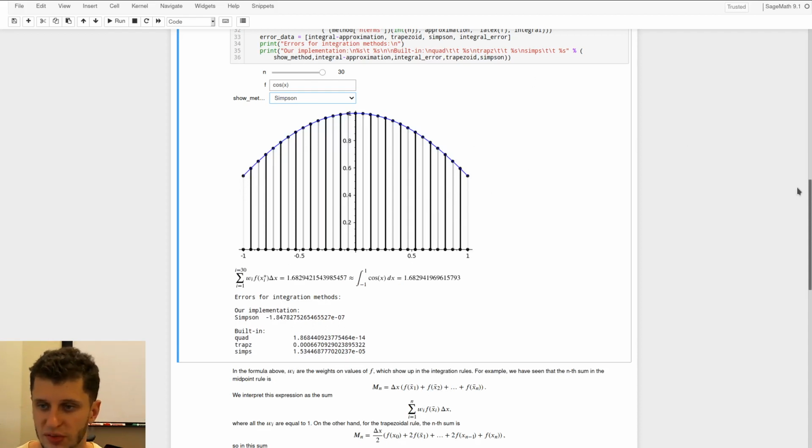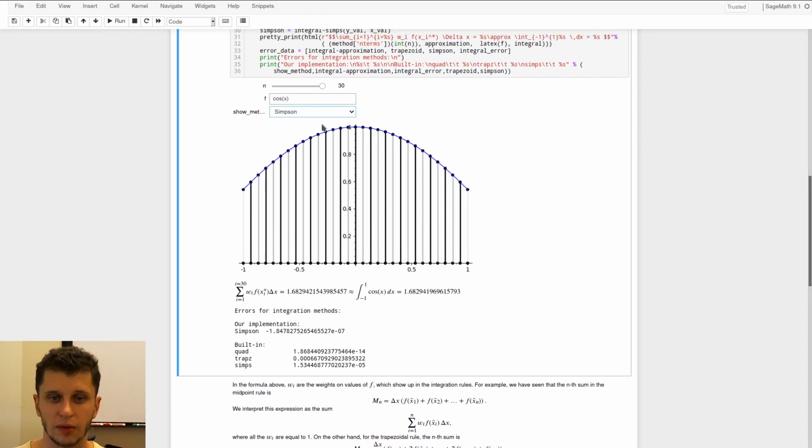So I should maybe say a couple of words about this picture. You can see that some of the vertical lines are lighter, and this corresponds to the triples of points that result in a single parabola.